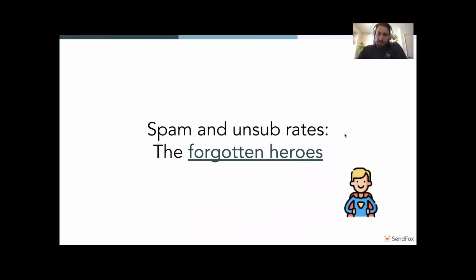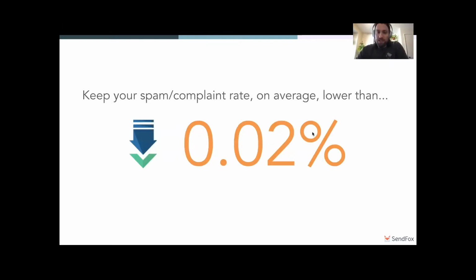Now on the inverse, we talk about open and click rate, and that's all people talk about most of the time. But we want to remember that there are some inverse metrics that we want to be mindful of, and those are spam and unsubscribe rates.